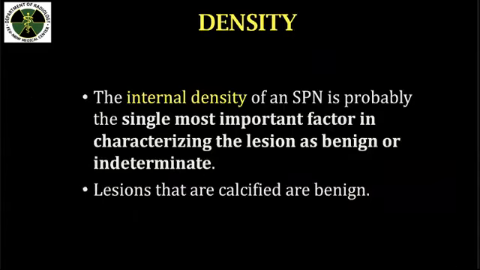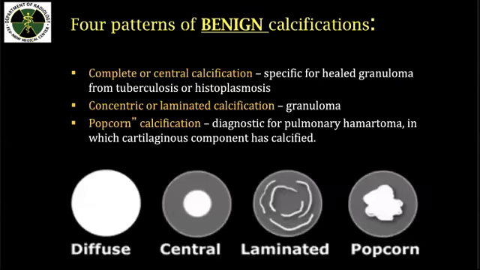The internal density of your small solitary pulmonary nodule is probably the single most important factor in characterizing the lesion as benign or indeterminate. The lesions that are calcified are almost always benign. So we have these four patterns of benign calcifications. We have your complete or central calcification, which is specific for healed granuloma from tuberculosis or histoplasmosis. We also have your concentric or laminated calcifications that can be seen in granuloma.